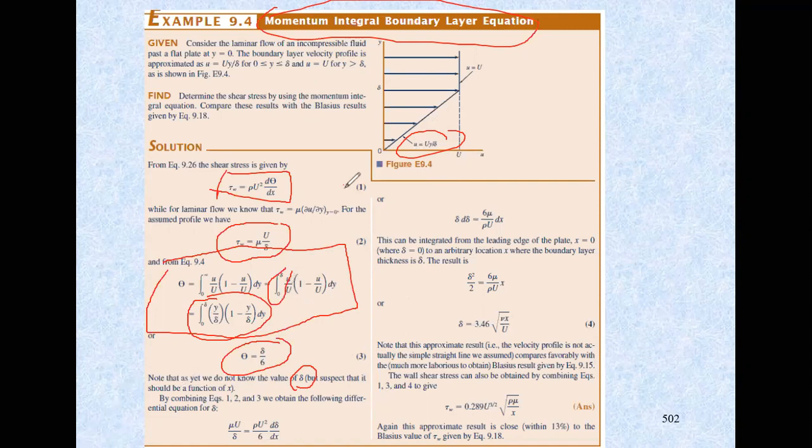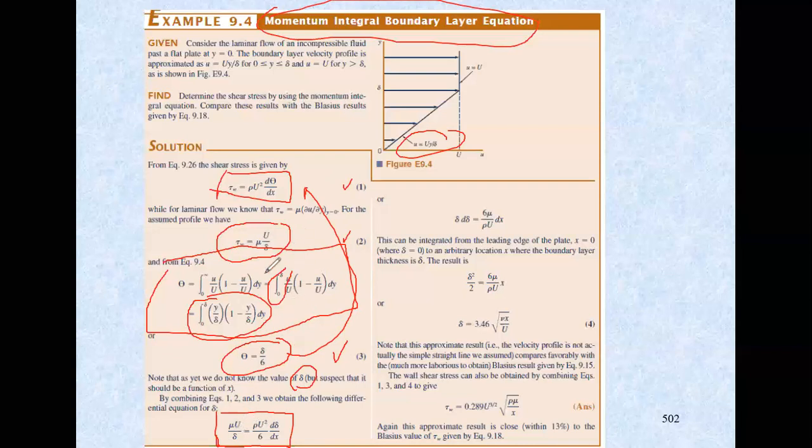But we can combine this, the norm of tau_w or this and this, yeah, to get this solution. Mu times free stream velocity divided by delta is equal to rho U square over 6 d delta dx. So you actually substitute this into 3, into 1, d theta dx, and also to here.